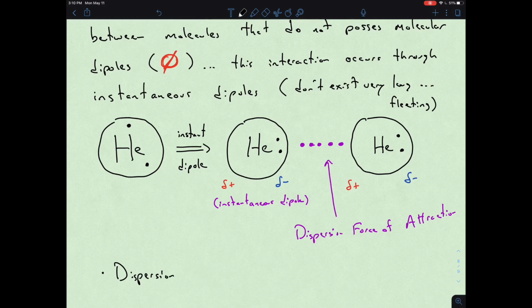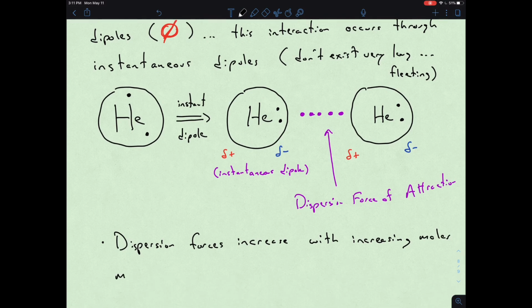Dispersion forces increase with increasing molar mass as well.